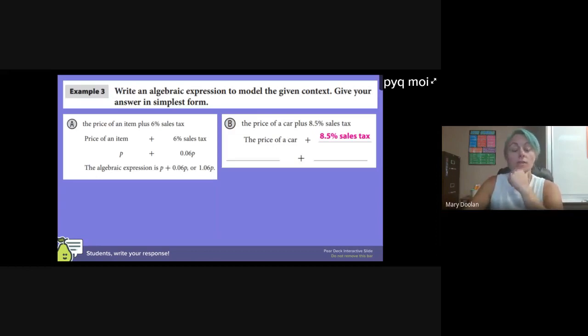And you should use the example to the left to help you figure it out. On the left, we did P plus 0.06P. Well, we still have an unknown variable, but the percent is different. Instead of 6%, we have 8 5/10%.